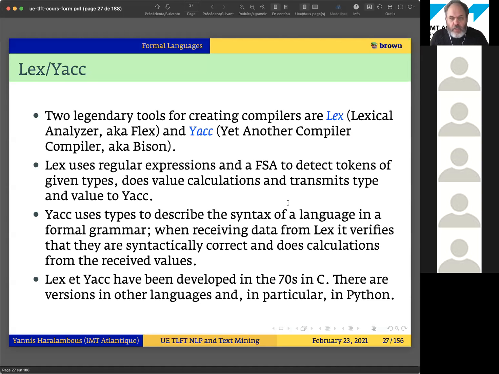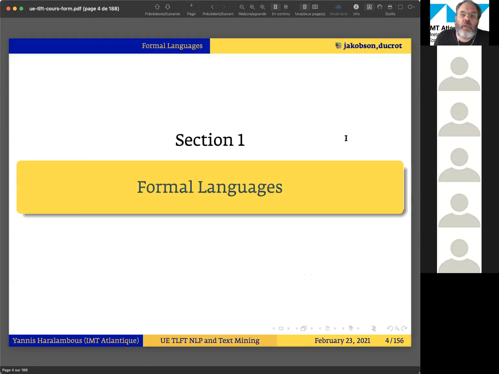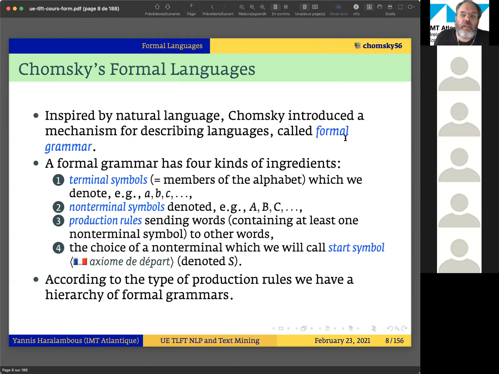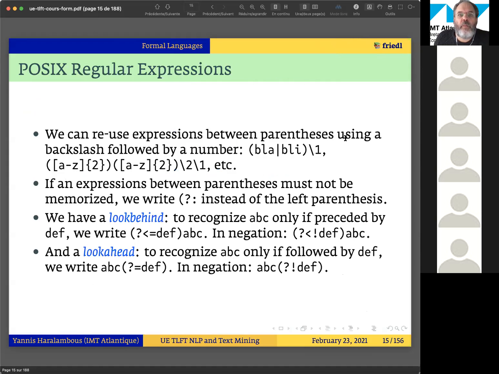So welcome to this session on symbolic methods in natural language processing. Last time we saw many methods for describing syntax. So we saw formal languages described by formal grammars.